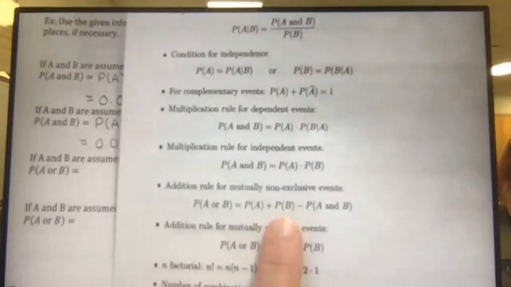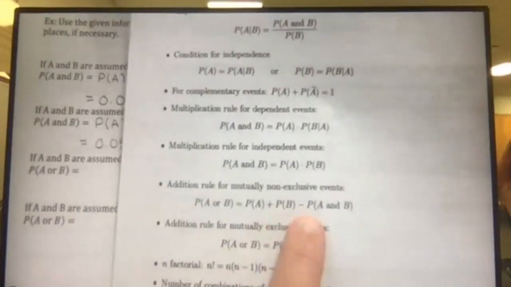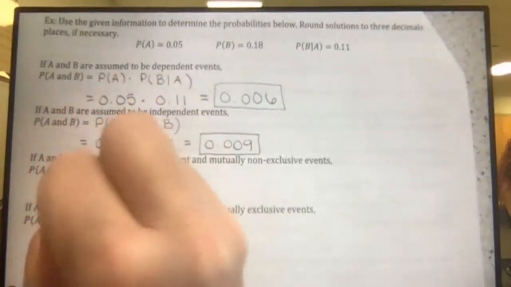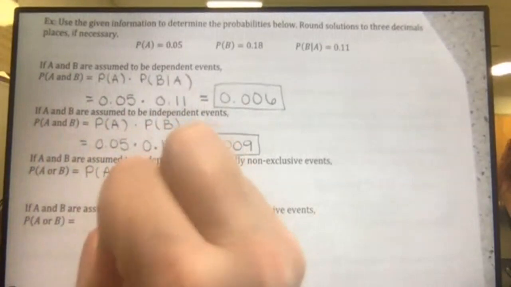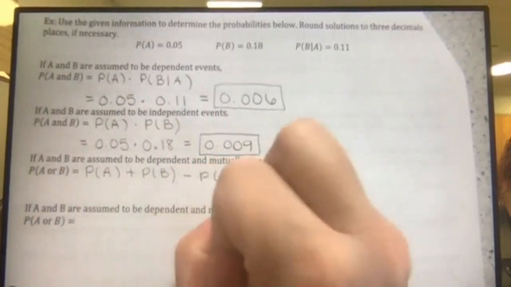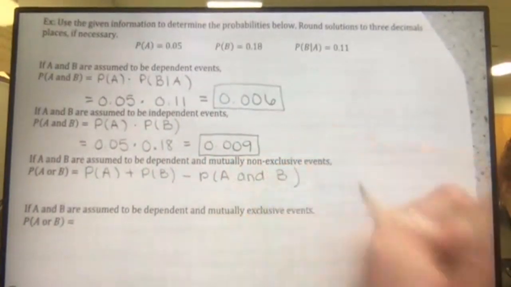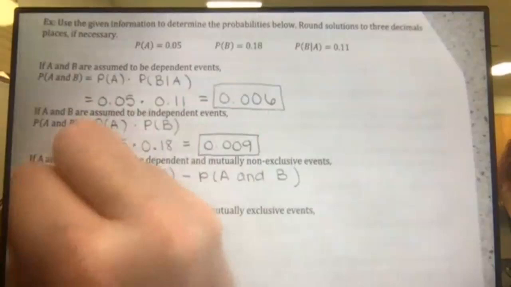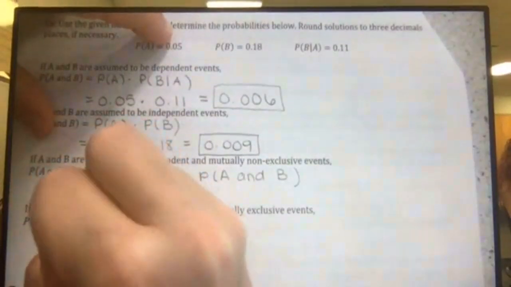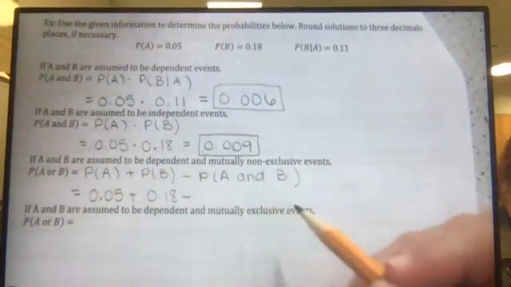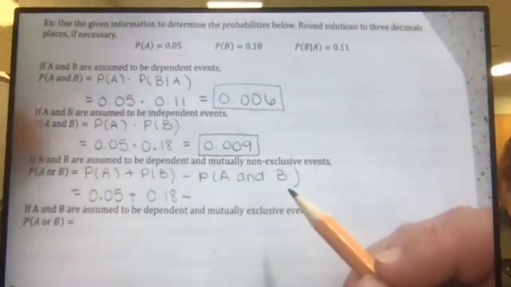So we're going to use this first one, probability of A plus the probability of B minus the probability of A and B. Probability of A plus probability of B minus the probability of A and B. So probability of A, they told us is 0.05, plus probability of B, they told us was 0.18, minus the probability of A and B. We found A and B. There's two of them.